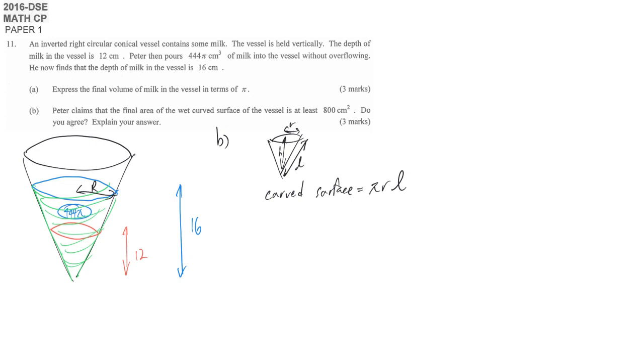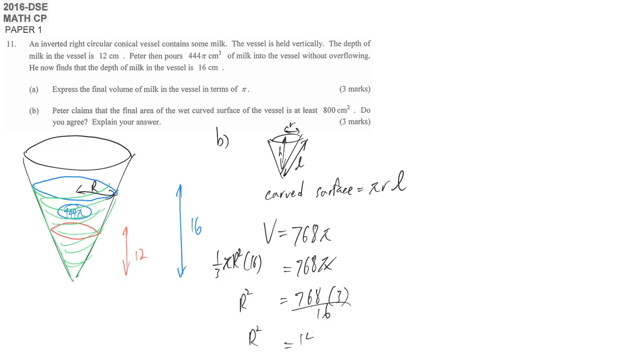That's why the volume, already proved, is 768 pi, which is equal to 1 over 3 pi r squared times the height we know is 16. Then we try to solve this one. R squared equals 144, so r is equal to 12.